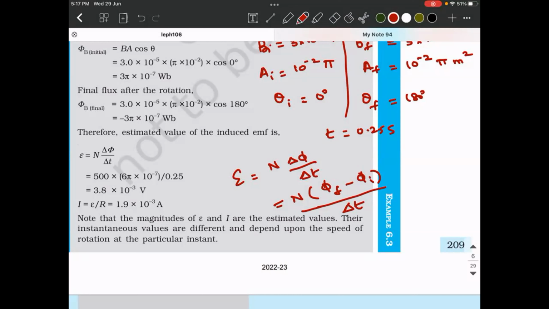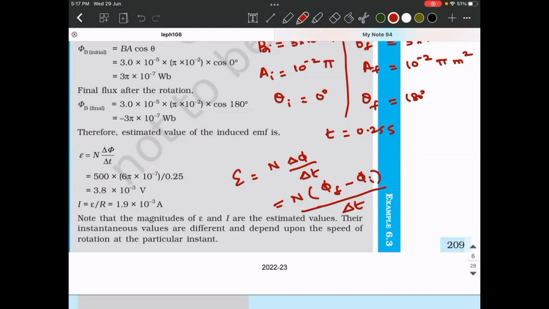Can you calculate the value and tell me? Try to figure out the method. Well, pi into 10 power minus 4. Yeah, I think that is the value.